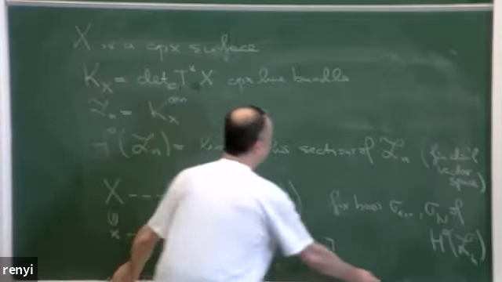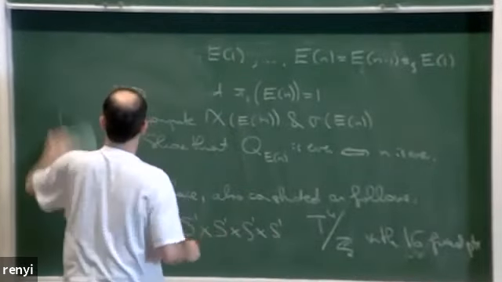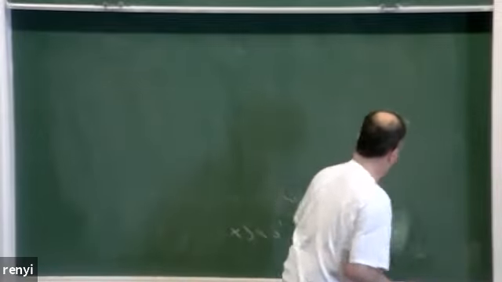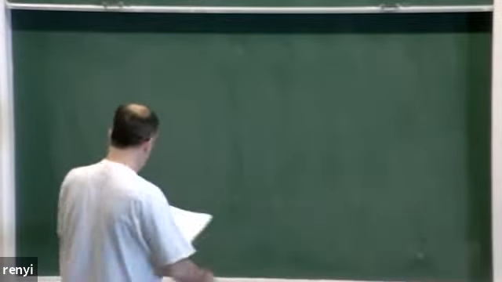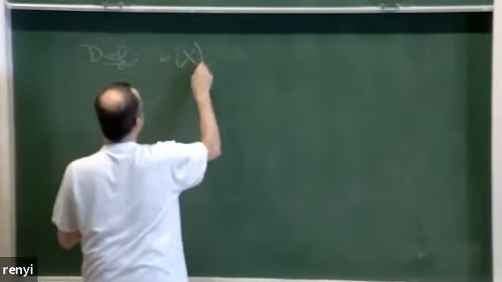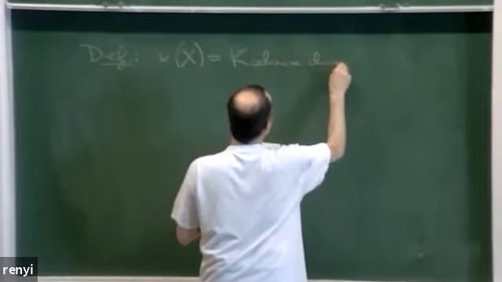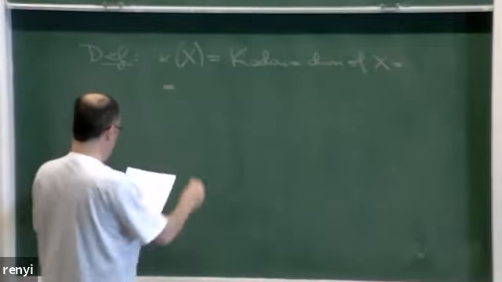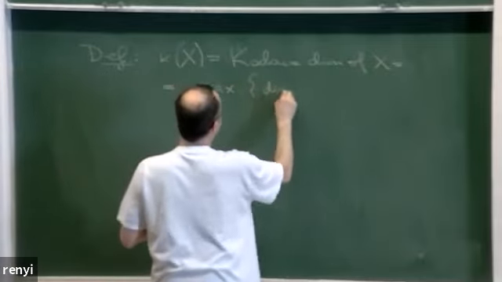And now we do the following. We define kappa of X, the Kodaira dimension of X, just as the maximum over n of the dimension of the image of phi_n.